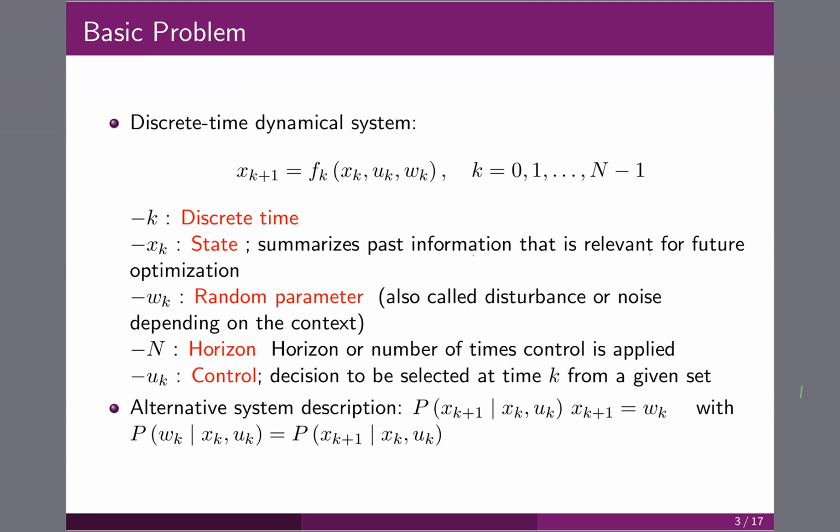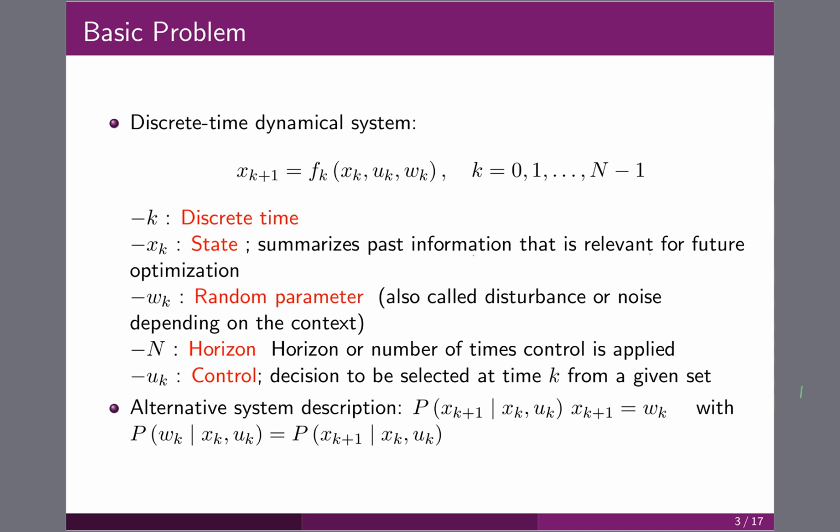It summarizes past information, and it is relevant for future optimization because x_k affects the evolution of x_{k+1} and future states. So this is the dynamic system.